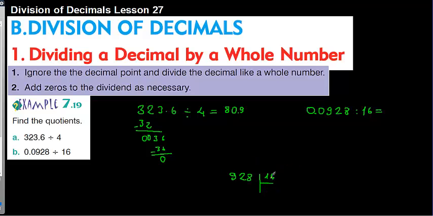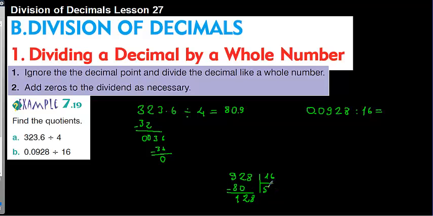I know that in 9 we don't have 16, so we check 92. In 92 we have 5 times 16. 5 times 16 is equal to 80, and the remainder is 12. And in 12 we don't have 16, so we bring 8 down.